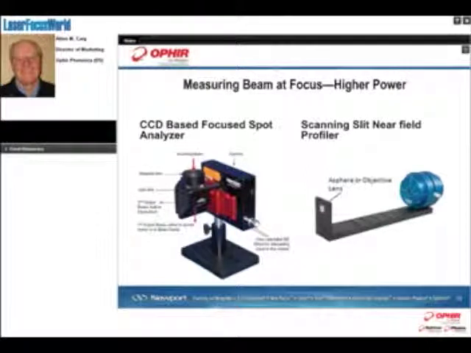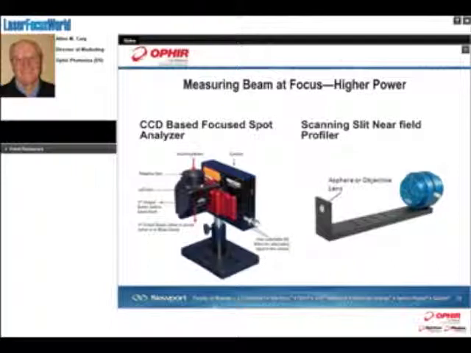One of them is to add a lens where you have a known working distance on this lens, a fairly short distance, and you actually image the waist focus point and blow it up so that it's larger when it gets to the profiler. This lowers the power density and makes it possible to measure that. So we can do that with a scanning slit profiler.